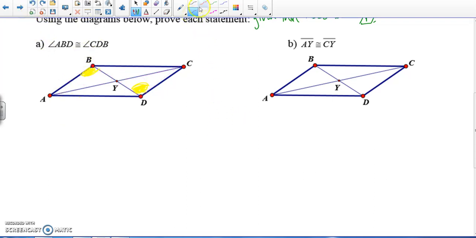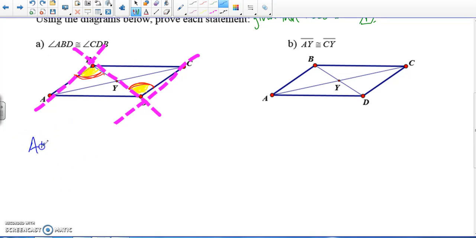But watch all we really need to do here. We know this is a parallelogram, so we know that these sides are parallel. And if those sides are parallel, and there's my transversal, it means automatically that my alternate interior angles are congruent. So remember, when we're looking to prove angles, look for the parallel lines first.